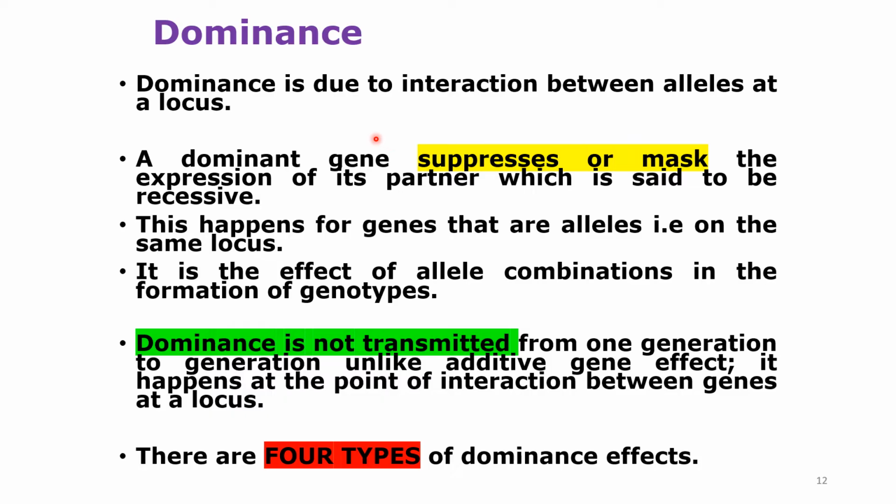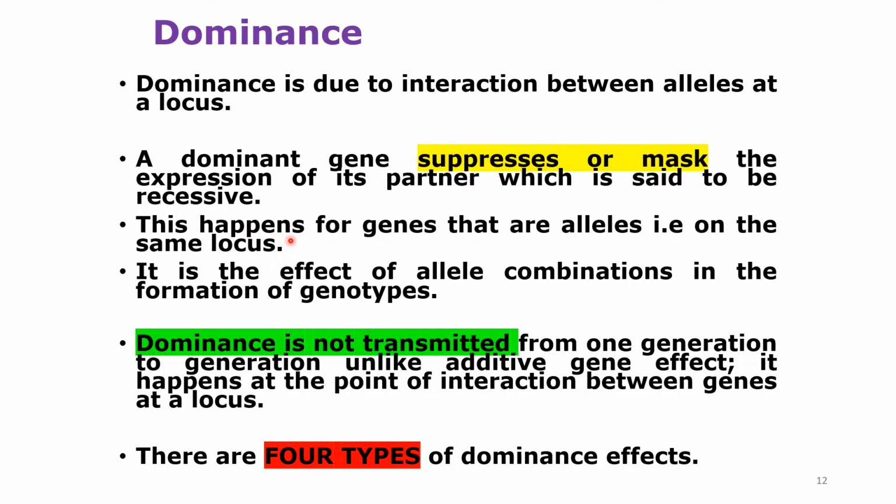Dominance is a case where a gene is able to suppress or mask the expression of its partner, which in this case is said to be recessive. And this happens for genes that are alleles, that is, they carry similar letters. They are also found on the same gene locus.